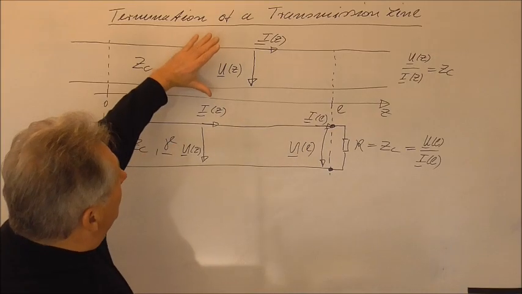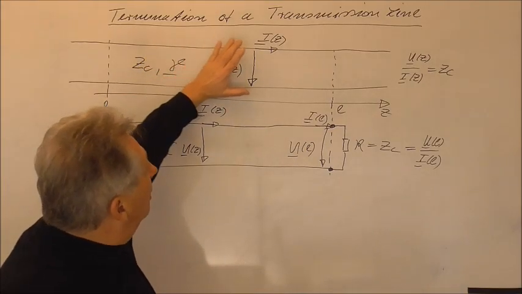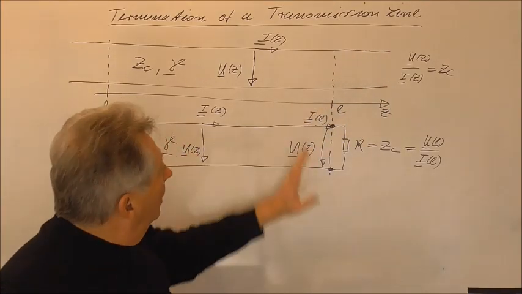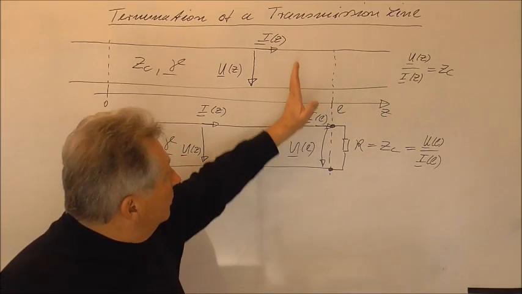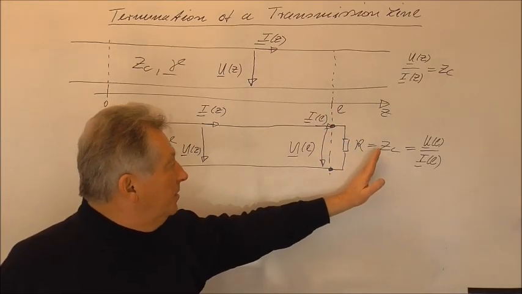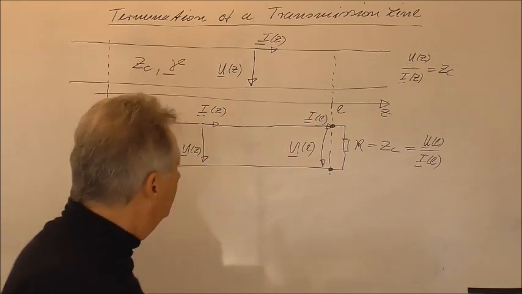So in principle there is no difference between assuming a transmission line of infinite extension and a transmission line which is terminated in Zc, because essentially the wave does not notice the difference.